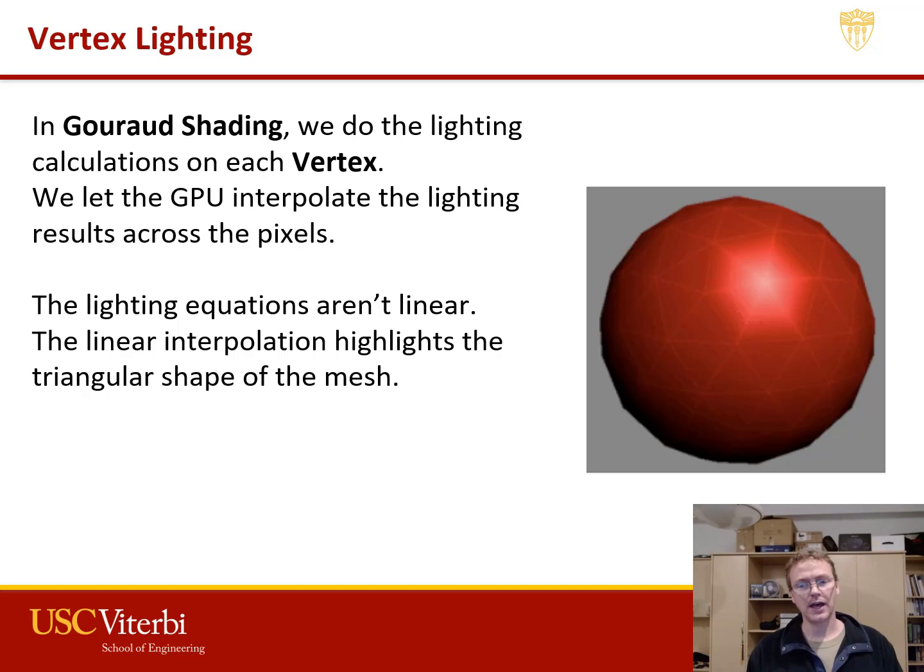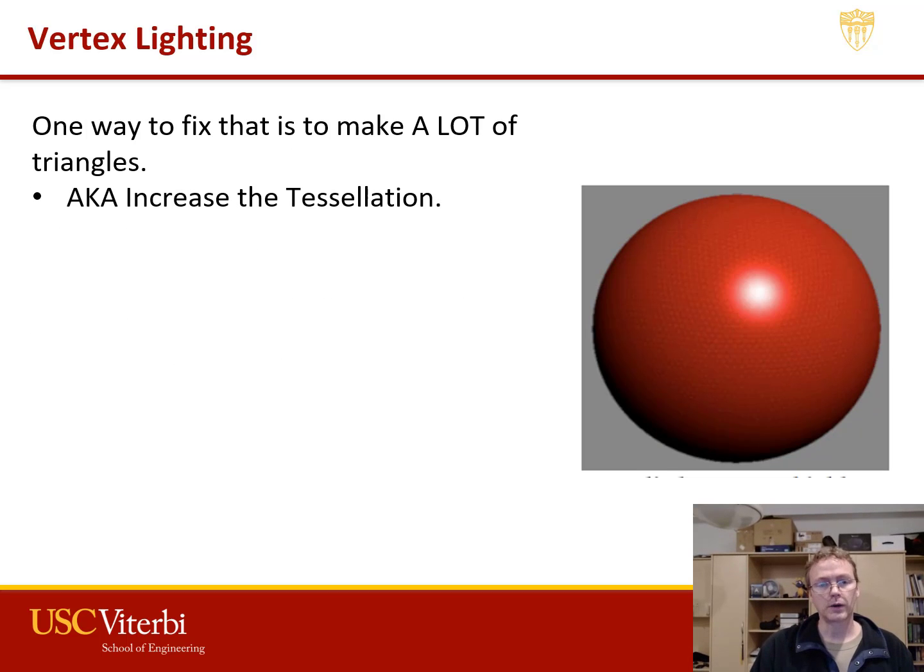So that means that if we allow the GPU to do a linear interpolation across the triangle, we're going to get a linear looking interpolation, and instead of that nice round look we wanted, a circle is not linear, right? We want a circular highlight here, but because the triangles are going to do a linear interpolation, we're going to get a very square looking, hexagonal looking highlight, and it doesn't look very good. Okay, so what can we do?